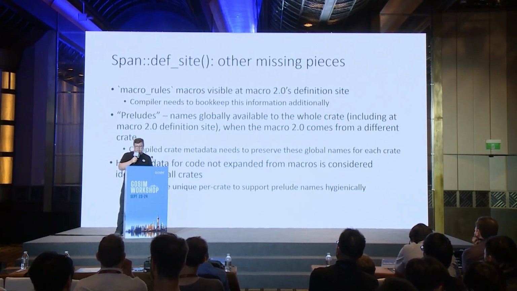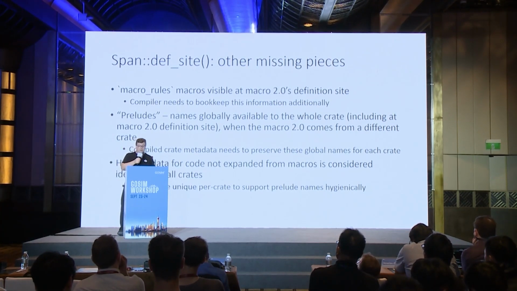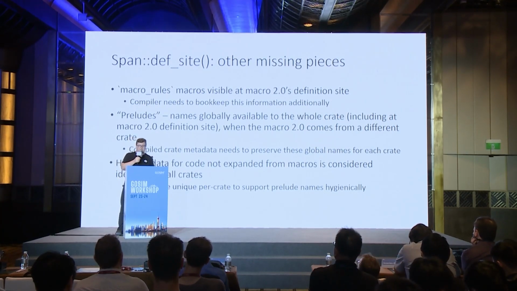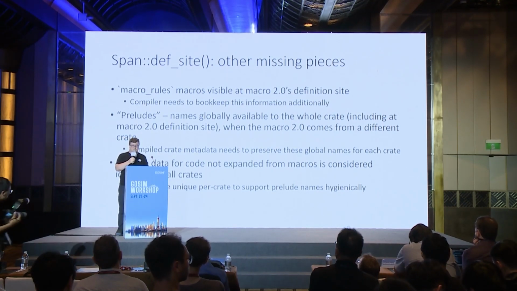Macros 2.0 currently has other missing pieces in the implementation. For example, old macro rules that in theory should be visible at the definition point of macros 2.0 are not actually visible in the current implementation.